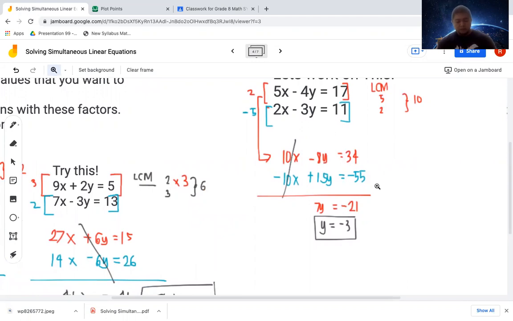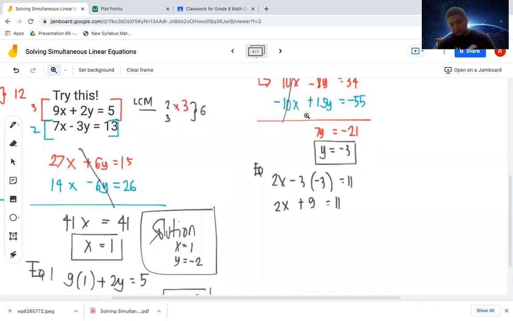So you choose. In this case, I can see that equation number 2 has lower values to multiply. So I would want that. So 2x minus 3 times negative 3 is going to give me 11. So I will know that this is 2x plus 9 is equivalent to 11.